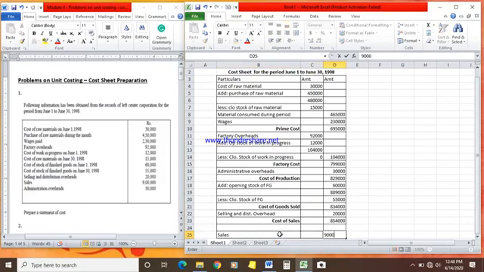The sales figure is already given, it is 9 lakhs. So the difference between the cost of sales and the sales will give us a profit. I'll write here profit, that is 9 lakhs minus 8,54,000.